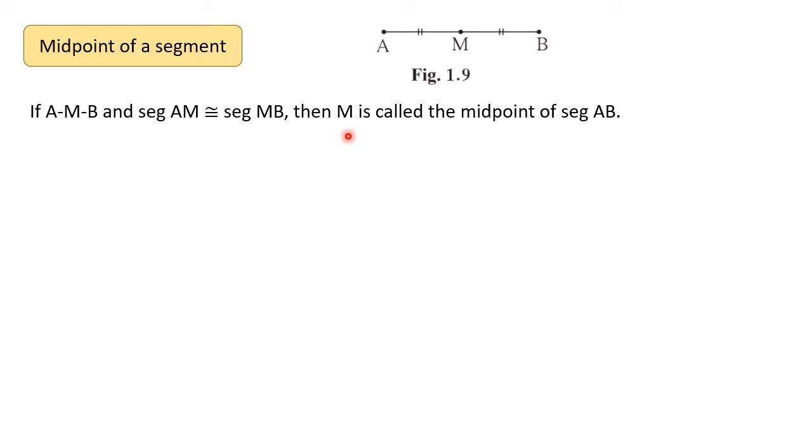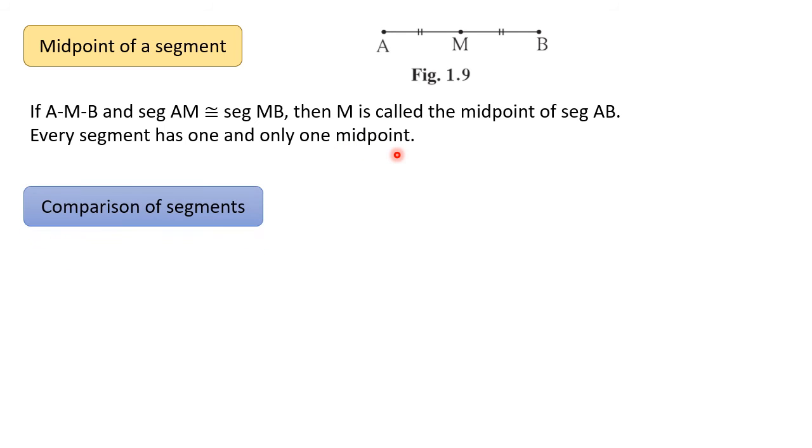Then and only then M is called the midpoint of segment AB. Okay, so that is the definition of the midpoint of a segment. Every segment has one and only one midpoint. So this is a very important point. If you draw any segment, long or short or very long, every segment will have only one midpoint.